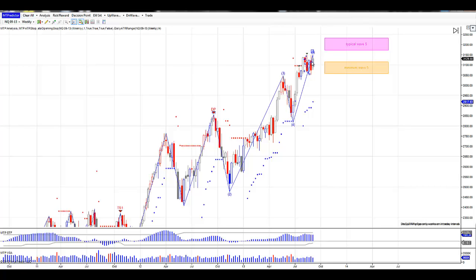It's been holding up very, very well, and so we may end up seeing the typical wave 5 that'll start around 3170, we'll call it the 3170 to 75 area. So this market is holding up quite well compared to our ES.